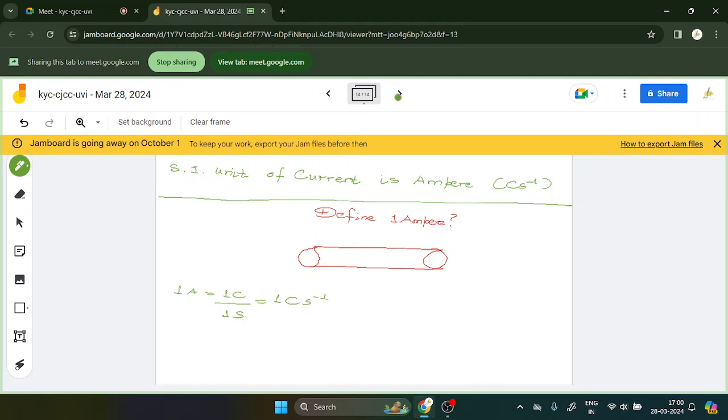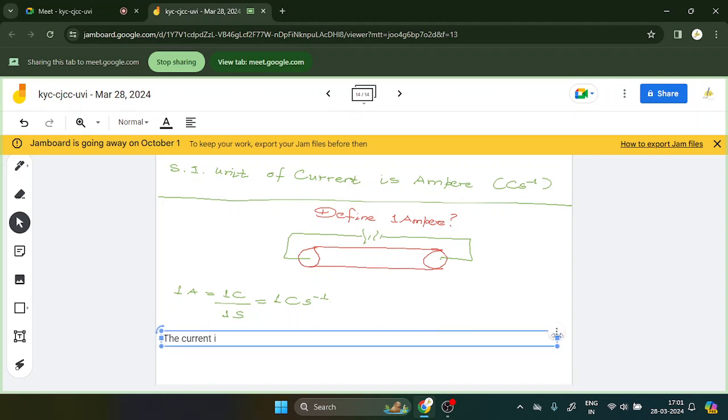So we can define 1 ampere as: the current in a conductor is said to be 1 ampere when 1 coulomb of charge flows through it in 1 second. Clear?